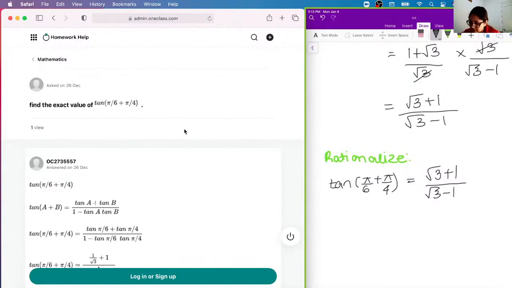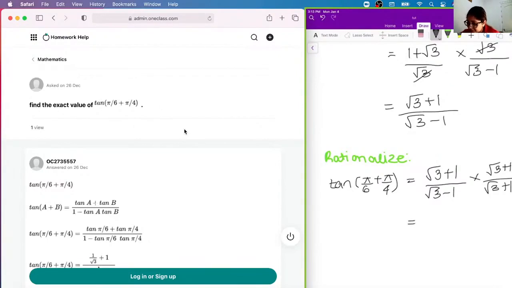To rationalize this, we multiply this whole fraction by root 3 plus 1 over root 3 plus 1, both the numerator and the denominator.